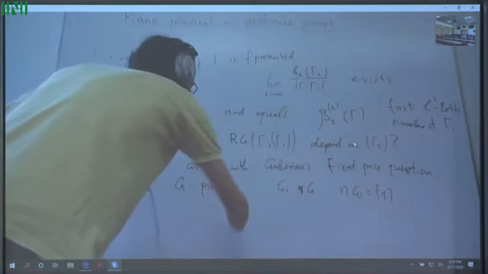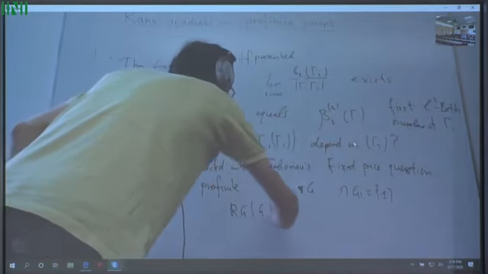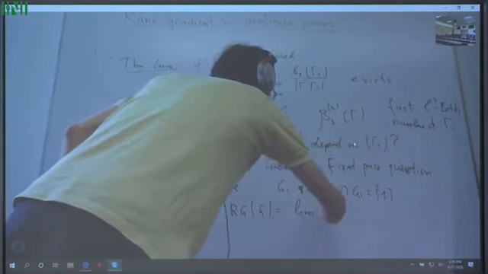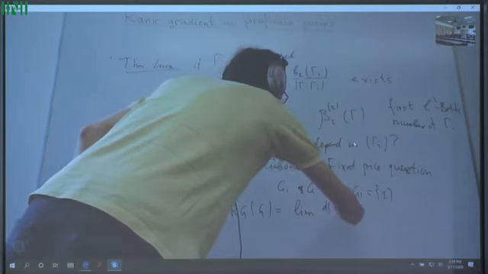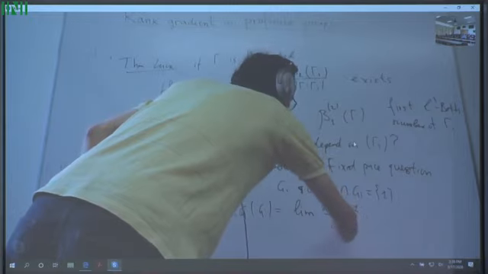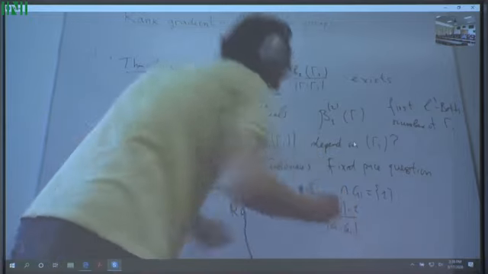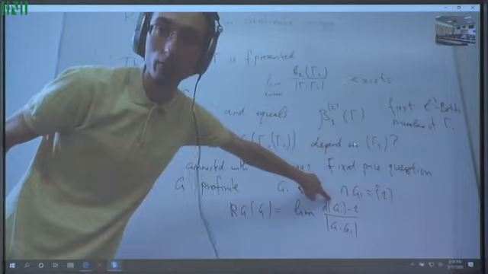Then we can define again the rank gradient of G to be the limit of the number of generators of G_i minus 1 over the index. Now here I mean the topological generators.